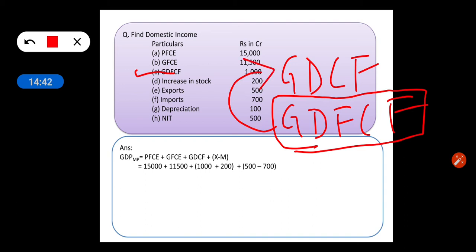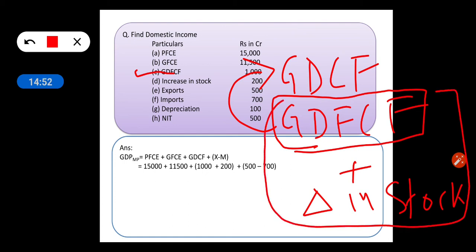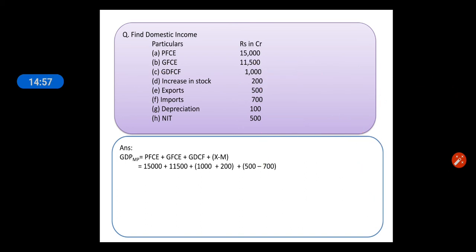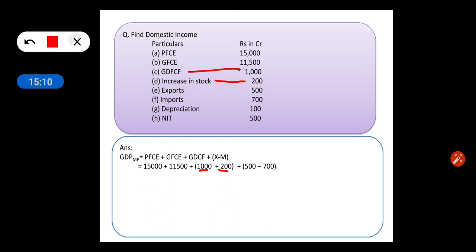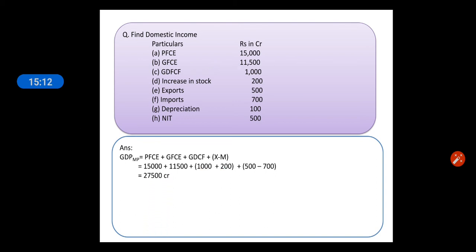The formula for that is, we have to add change in stock to our GDFCF to get GDCF. So here I'm adding: GDFCF is 1000, plus change in stock, the increase in stock, which is 200. Now you do the summation and subtraction, and you get 27,500 crore as your GDP at MP.